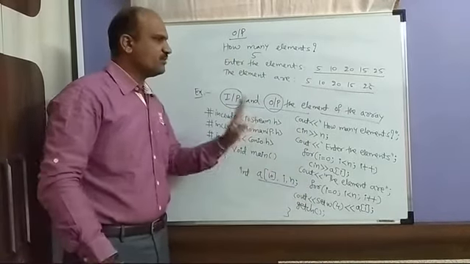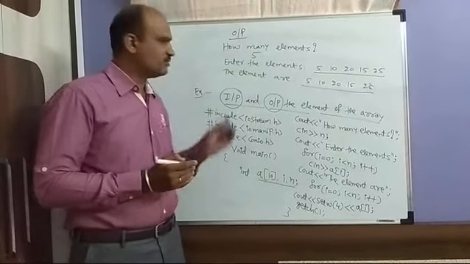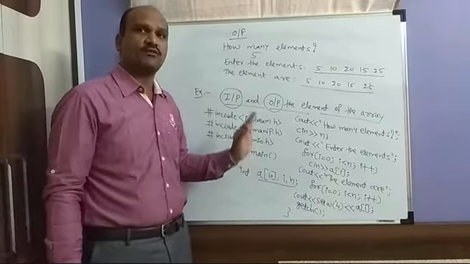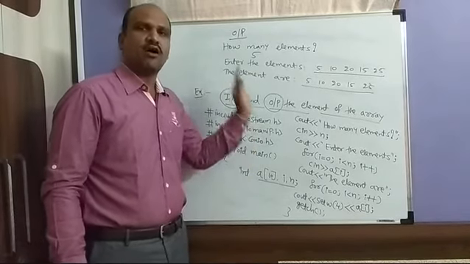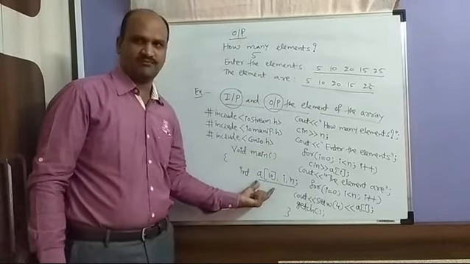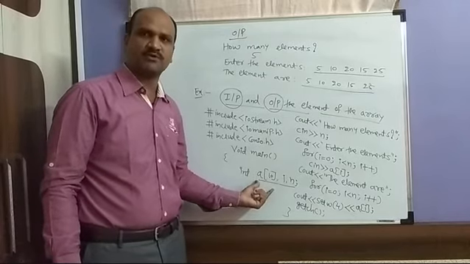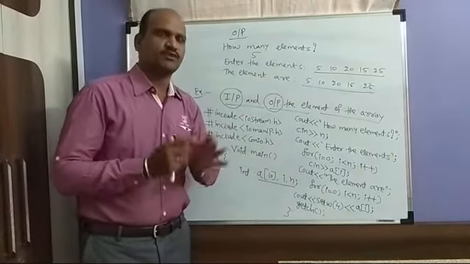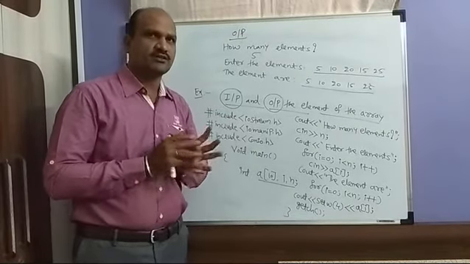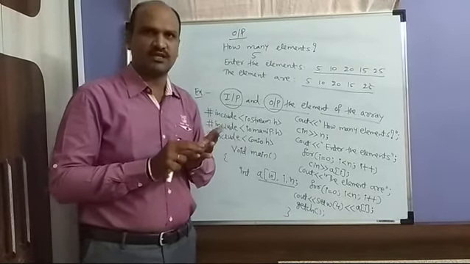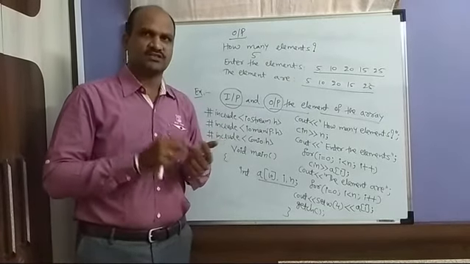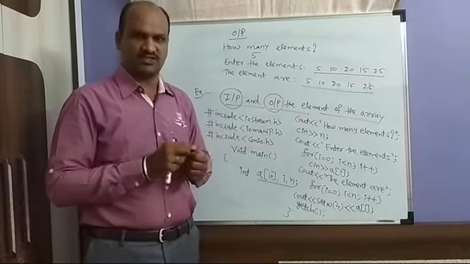So this is a very simple program for inputting and outputting of the array, for the traversing of a linear array, the operation on a one-dimensional array. This is the traversing of an array. Today we discussed the operations on the one-dimensional array, that is traversing, searching, sorting, insertion, deleting and merging.